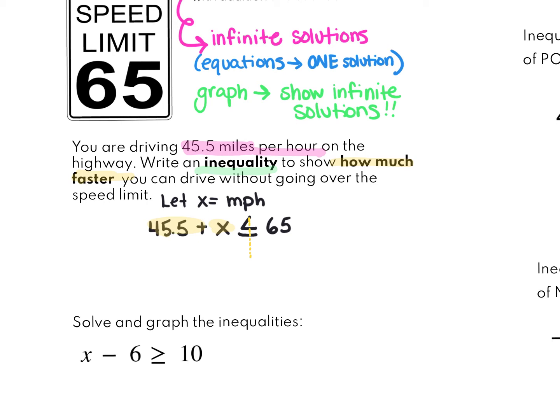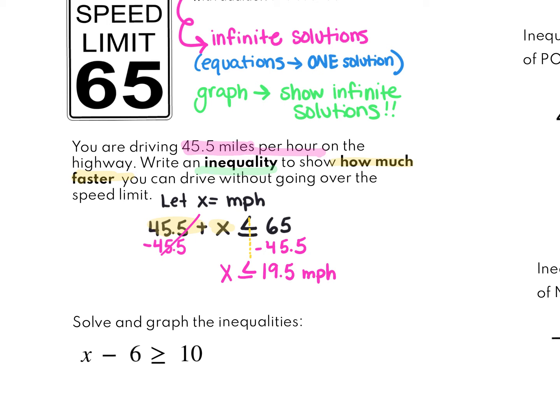To undo that 45.5, I am going to subtract 45.5 from the left-hand side of the inequality, which means I have to do the same to the other side. Now we're left with x, less than or equal to 65 minus 45.5, which is 19.5.